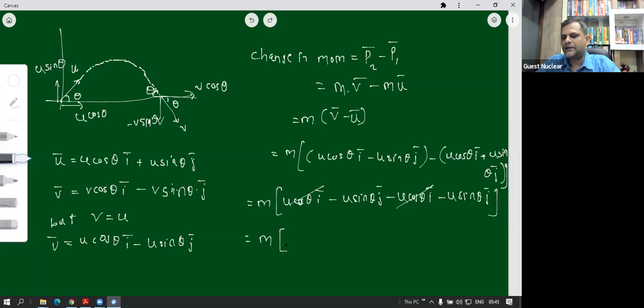So that's where we get minus 2u sin theta into j bar, and this can be written as 2m times minus u sin theta into j bar.